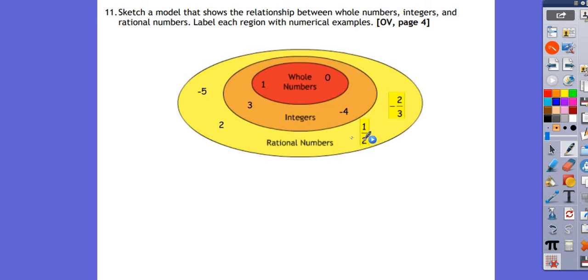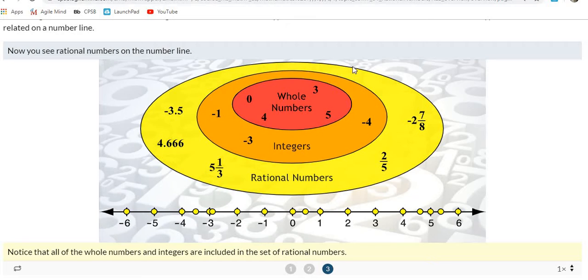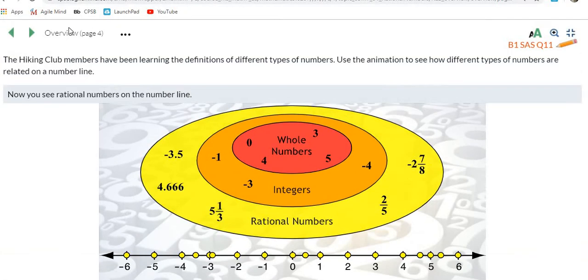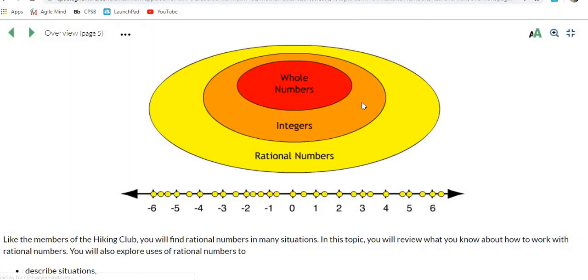So its only definition would be rational number. All right. So that's kind of what we're going to be looking at. We're going to be looking at fractions, decimals, and percents and doing some math work with it, which is oh so much fun.